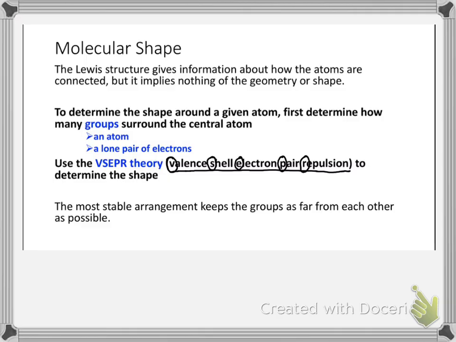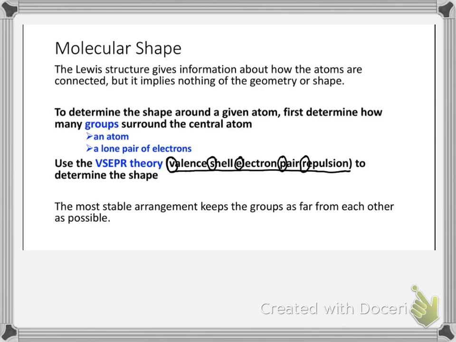For us, we won't have to be doing that because we're going to be looking at one central atom. But I just want you to know up front, for larger molecules, you don't really have an overall shape that's determined by a single thing. It's more like putting pieces of the molecule together.